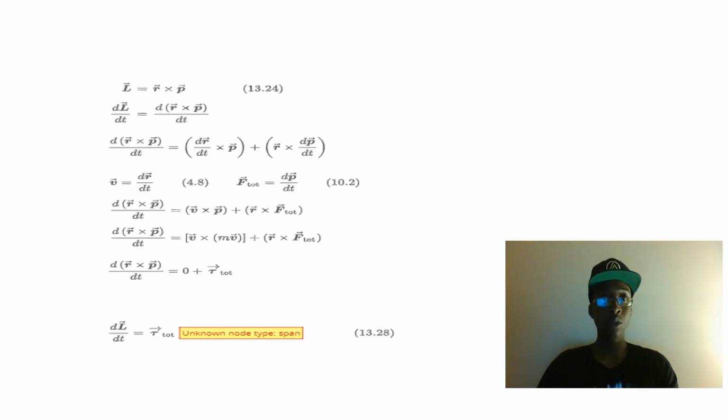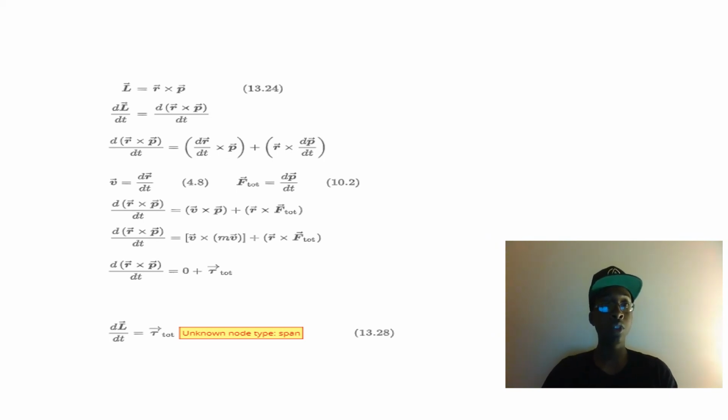In this slide, we will talk about the formulas that we use for angular momentum. As we can see, L equals r cross p, and then we take the derivative of the formula and use the chain rule to expand the right side, and then we cross multiply each term.